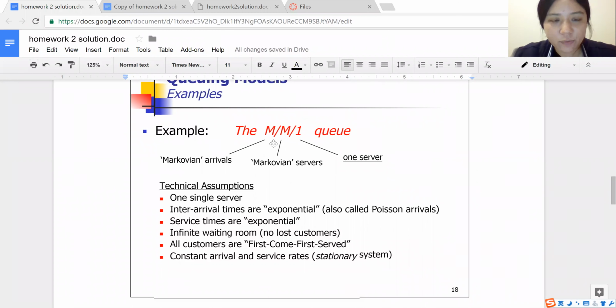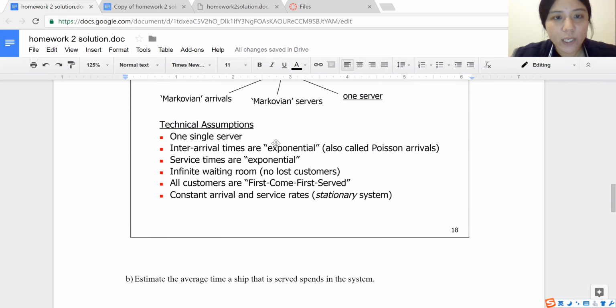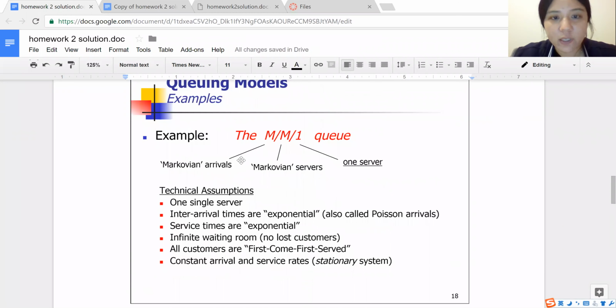Based on these rules, for this problem we have Markovian arrivals, so here is M, and we have Markovian servers as well, because the service times are exponential too, and we have three pairs. We have three berths in this port, so we have three servers.